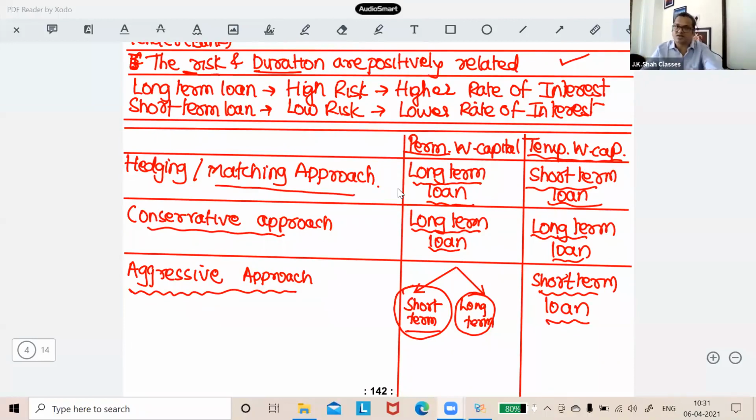Short-term loan. You remember yesterday's ice cream parlor example, right? Where we realized somebody may take a risk like that and may try to finance a part of the permanent working capital requirement, even by short term. That's what we had seen yesterday, right, people? I hope you guys remember.